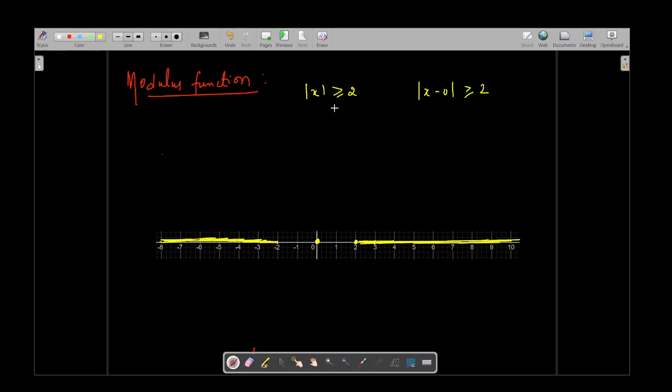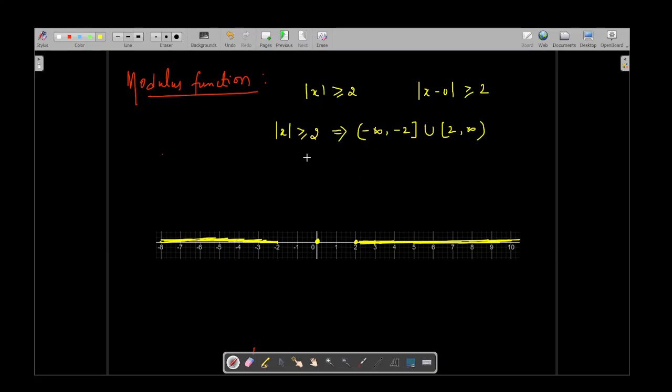So if I write modulus x greater than or equal to 2, it means from minus infinity to minus 2 and from plus 2 to infinity, you take any value, the distance will be greater than or equal to 2 from 0.